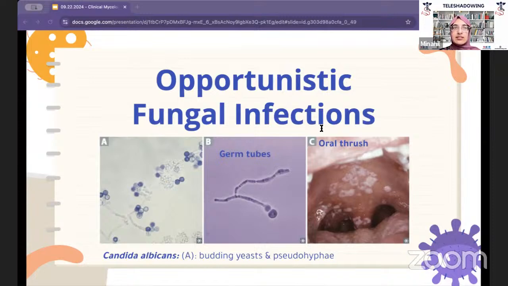It commonly causes oral thrush, esophageal thrush, vulvovaginitis, and also diaper rash. In more severe cases, it can lead to disseminated candidiasis in immunocompromised patients. The treatment would include antifungal medications like fluconazole or nystatin, like I mentioned before.